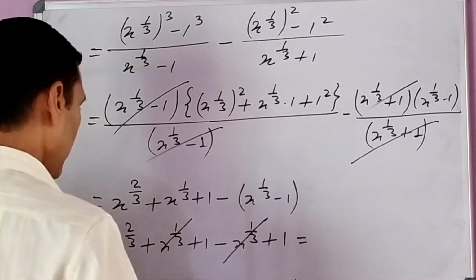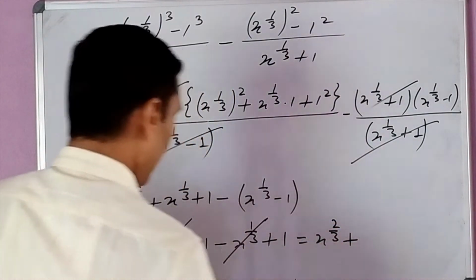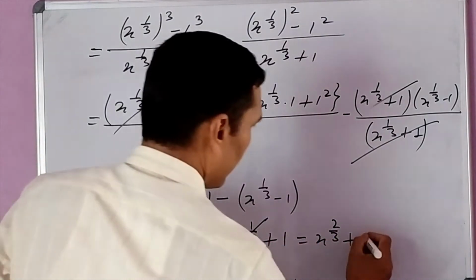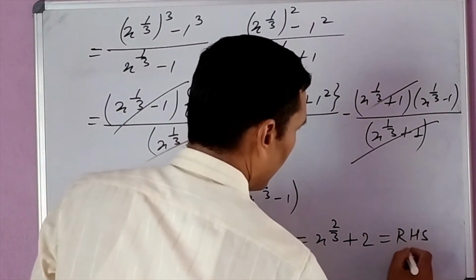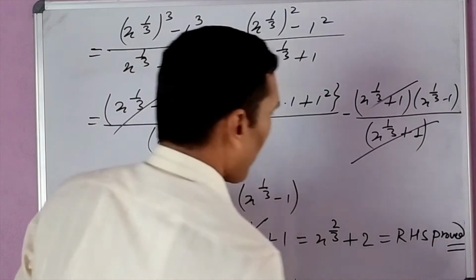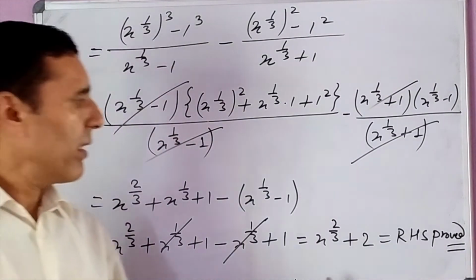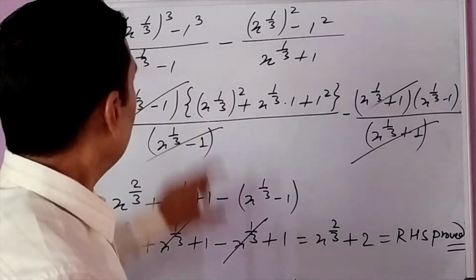So we get x to the power 2 by 3, and this 1 plus 1 is 2. It is the required right hand side which we have to prove. So in this way we got the right hand side. So this is the technique.